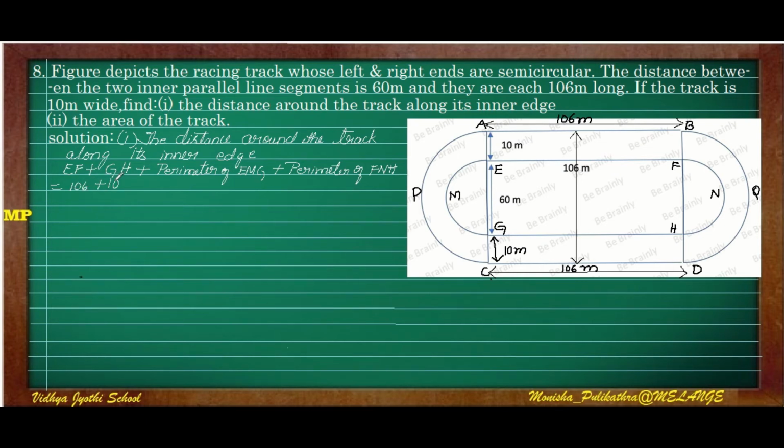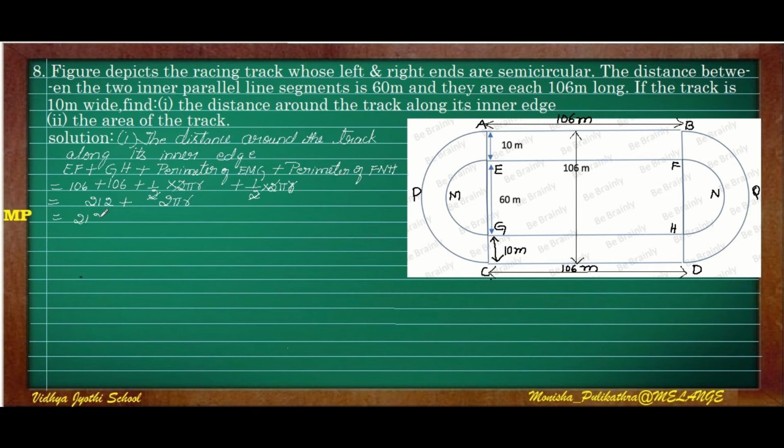106 plus 106. So perimeter of an entire circle will be 2 pi r, but it is semicircle, so it will be half of 2 pi r plus again half of 2 pi r. So 106 plus 106 is 212. Here 2 gets cancelled and here also 2 gets cancelled. So here pi r plus pi r both is equal to 2 pi r.